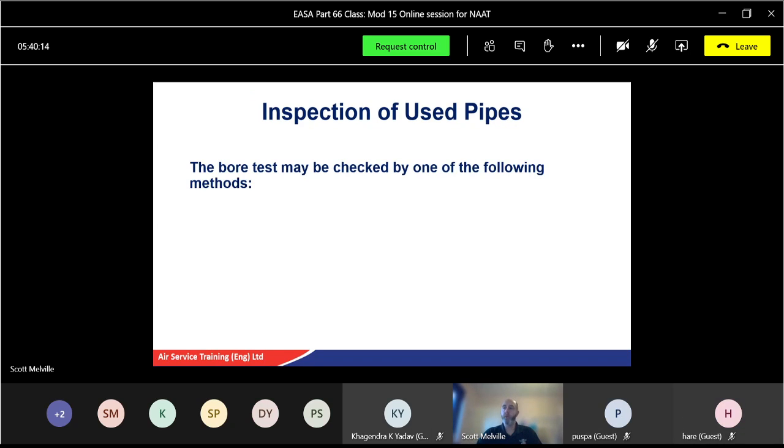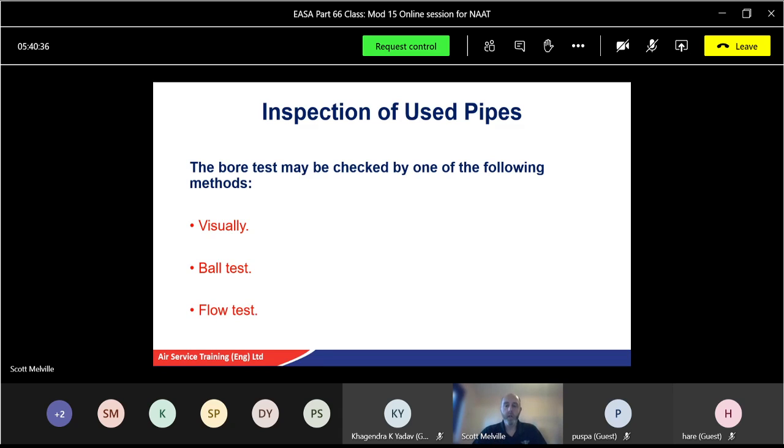So the bore test must be checked out by one of the following methods. Either visually, as in having a look down, make sure there's no internal damage, there's nothing blocking the pipe, and that sort of thing, or by doing what's called a ball test and a flow test. Now, visually, as I said, look down it, make sure there's nothing blocking.